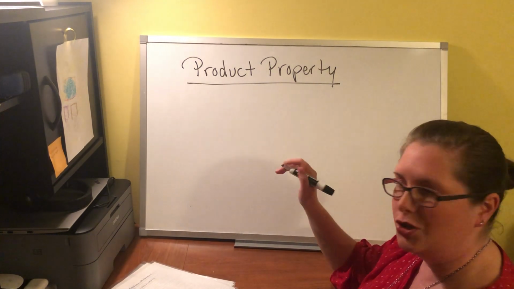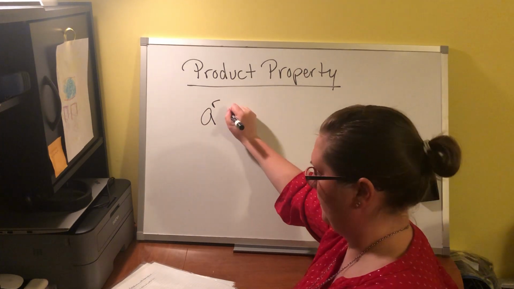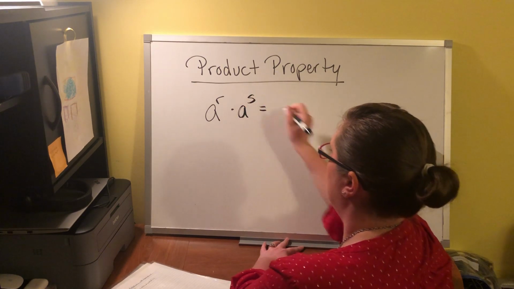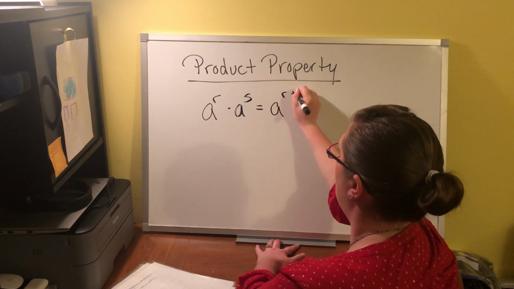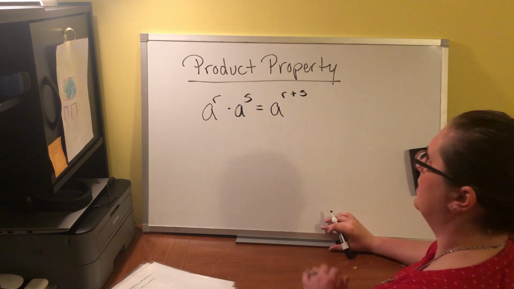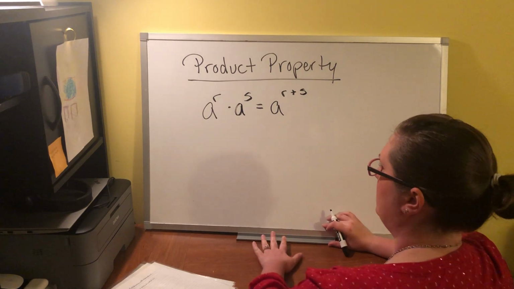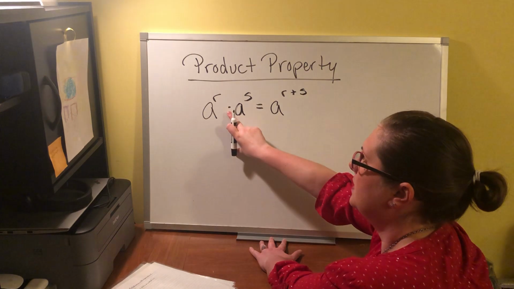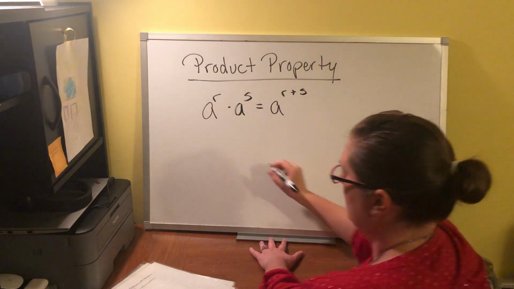In general, this looks like a to the r power times a to the s power equals a to the r plus s, okay? So all this means is that when you have the same base and you are multiplying, you keep the base and you add the exponents, okay?